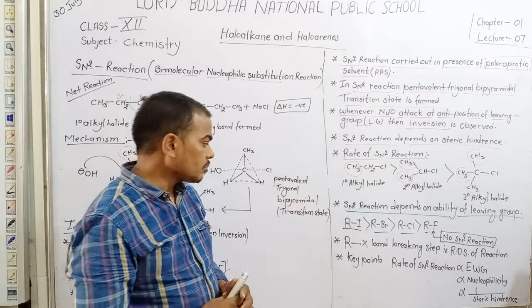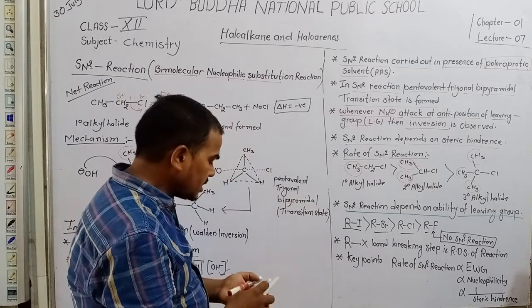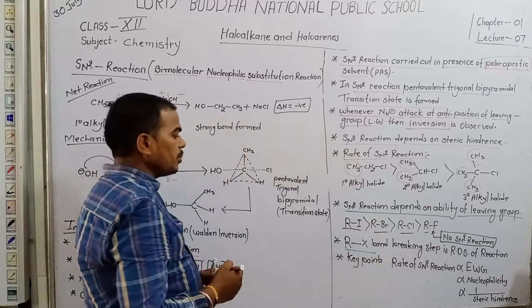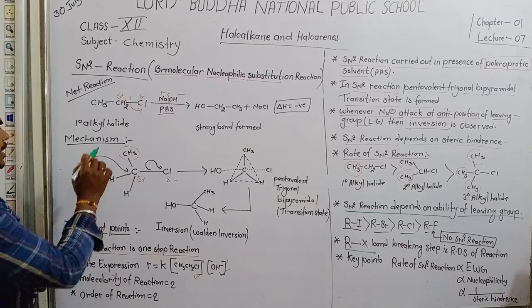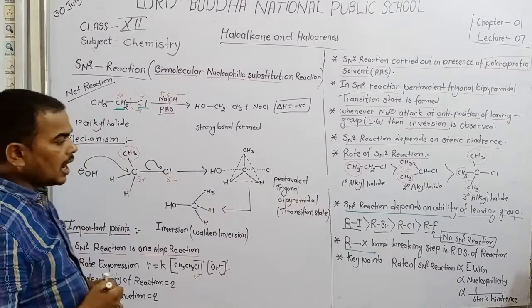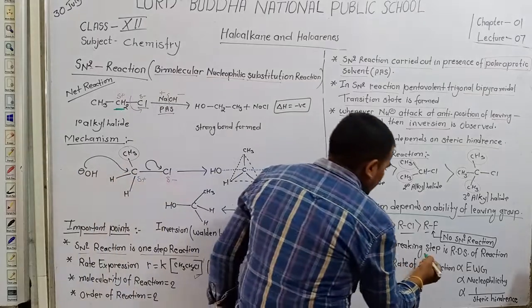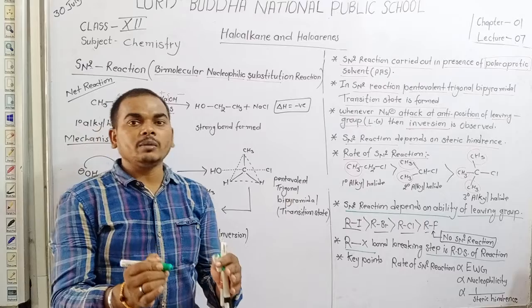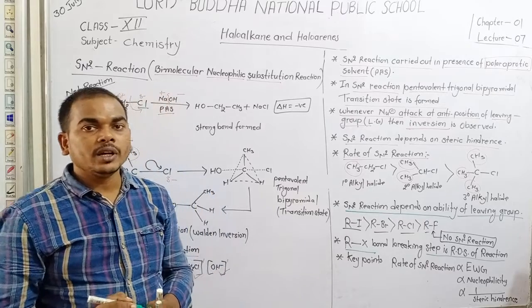Okay student? Dear student, now let us discuss the RX bond. The bond between the alkyl group carbon and the halide is known as the RX bond. Its breaking step is the RDS of the reaction. RDS means rate determining step.